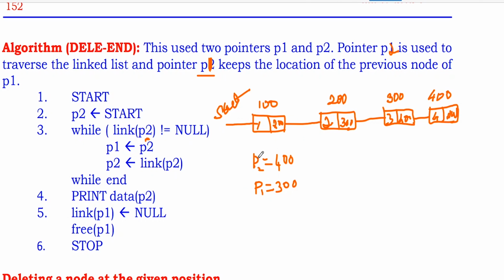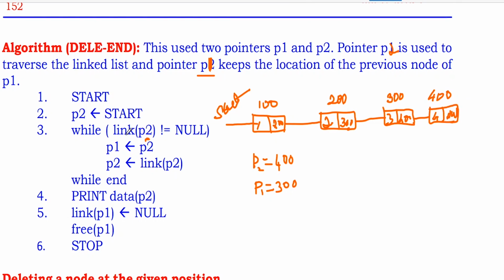We have to check link of 400. Link of 400 is null, and null not equal to null is false, correct? P2 is 400, and the link field of 400 is null now.